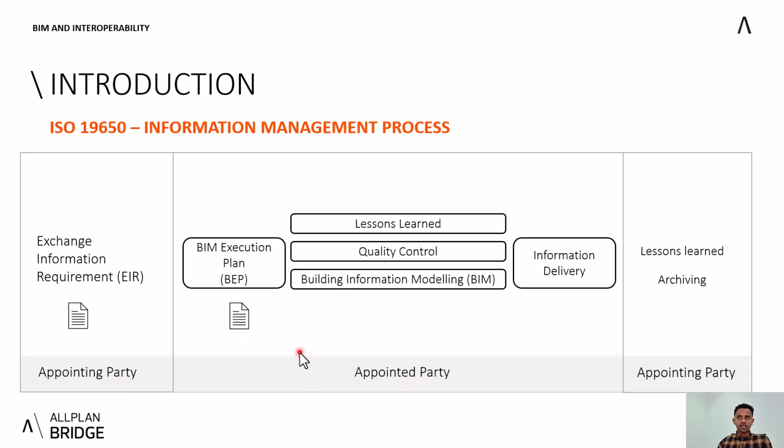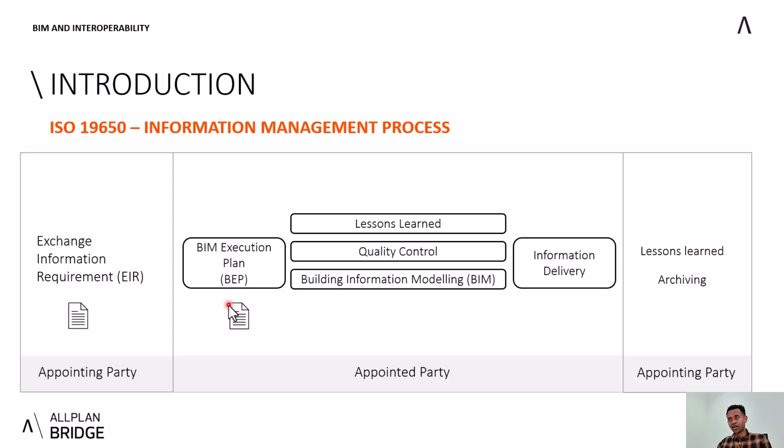Once they're appointed, of course, they will set up the BIM execution plan again, maybe now in much more detail. They set up how they are going to achieve the requirements which were already defined by the appointing party. The appointed party then moves on to defining the BIM execution plan in much more detail.